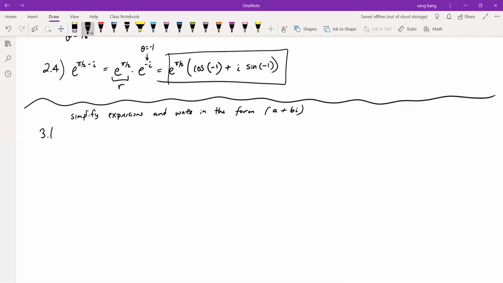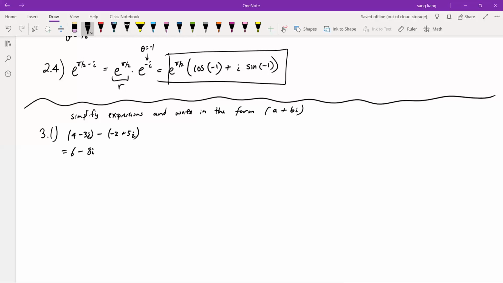So 3.1 is going to be 4 minus 3i minus 2 plus 5i. This is no different than regular addition and subtraction, right? Now we just have imaginary terms. So we're going to group the imaginary terms and then the real numbers separately. So this is essentially just 6 minus 8i, okay?